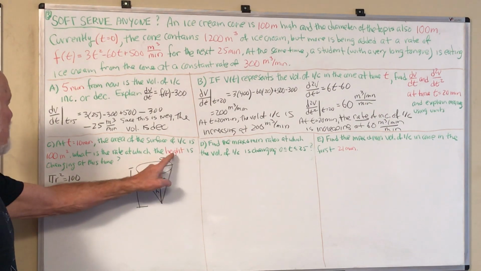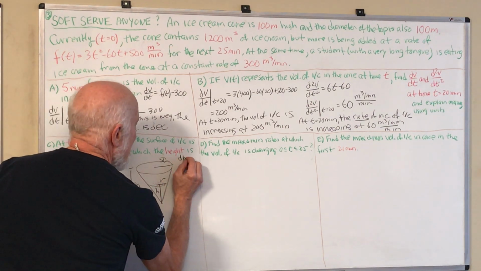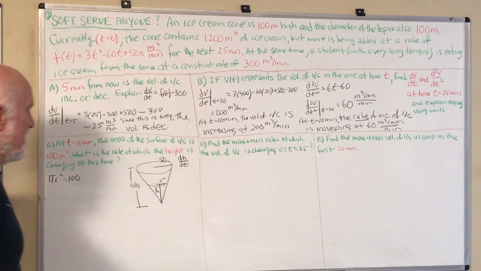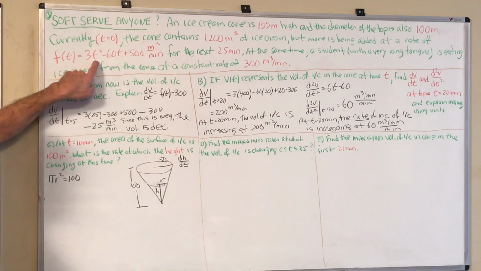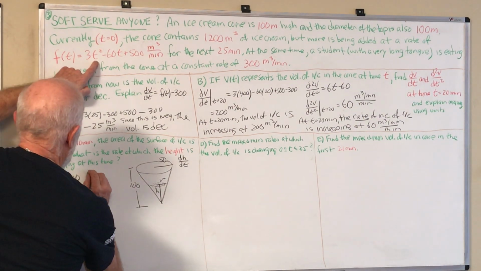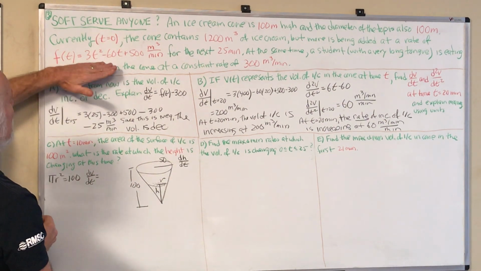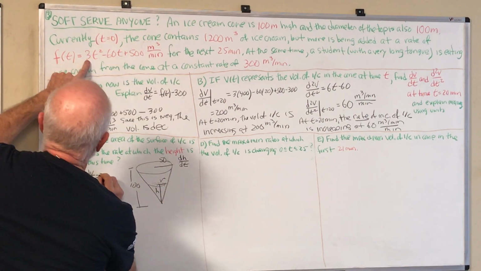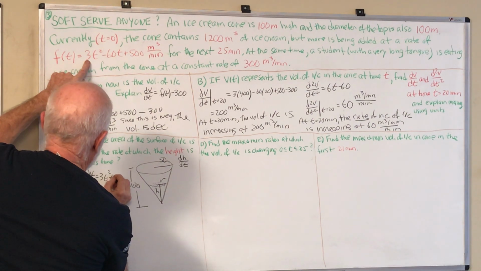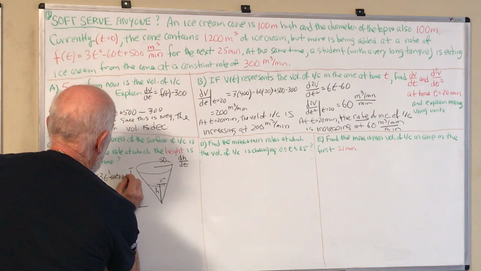What is the rate at which the height of ice cream is changing? So we want to find dh/dt. Now, what do we know? We know dV/dt. dV/dt we've already found out to be f of t minus 300, or 3t squared minus 60t plus 500 minus 300, which is plus 200.